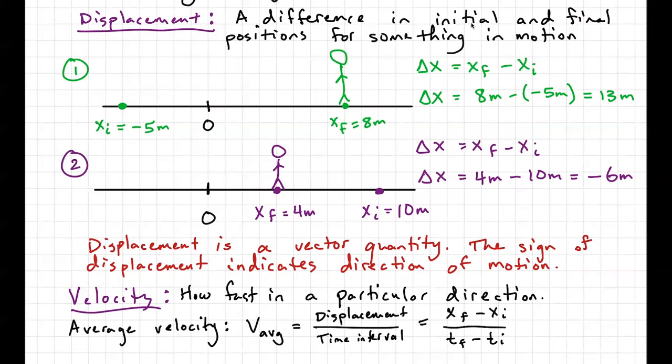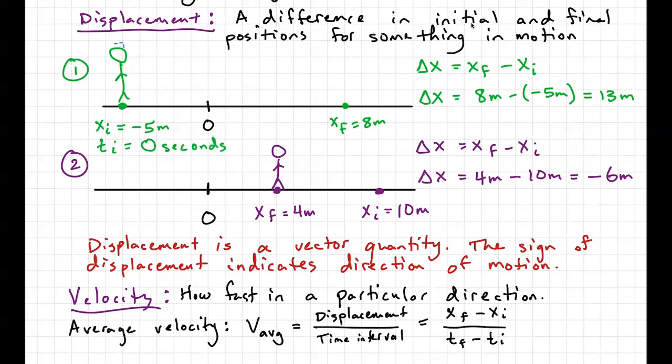Let's say that when I started, I was over here at the initial position. Let's say I started a stopwatch, and when I did that, it started ticking up from 0 seconds. So we're measuring time in seconds.